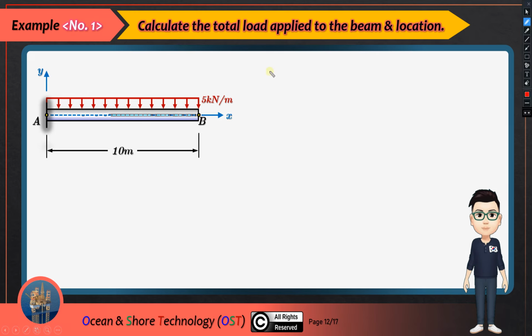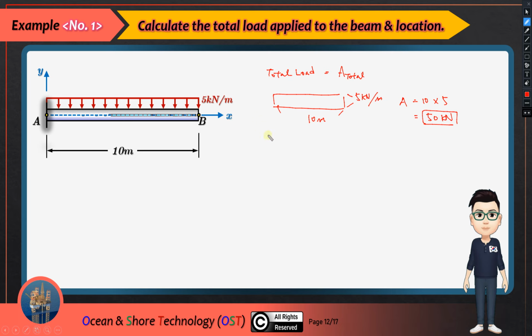So the total load is exactly the same as the total area, isn't it? This is 10 meter, and this is 5 kilonewton per meter. So that area should be 10 times 5, so 50 kilonewton is applied.